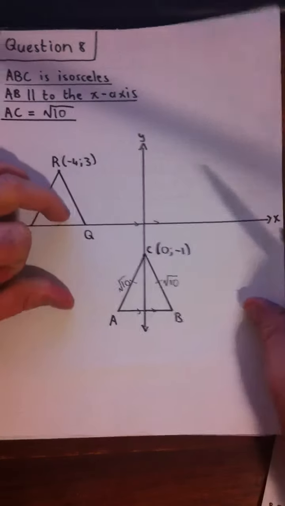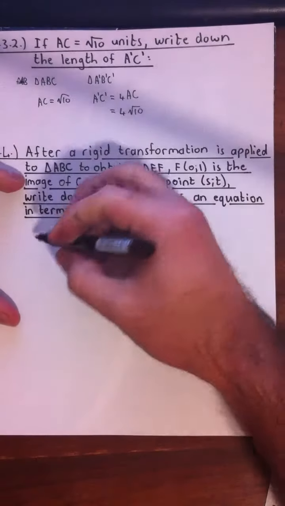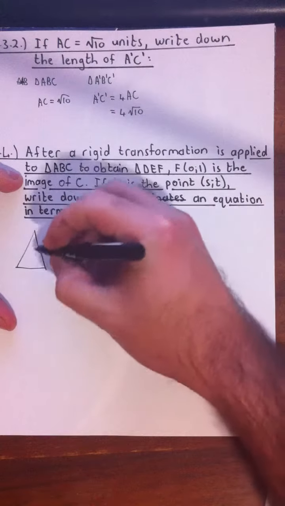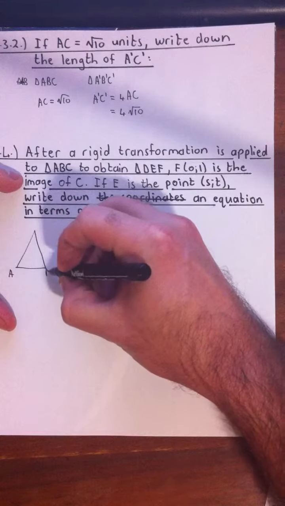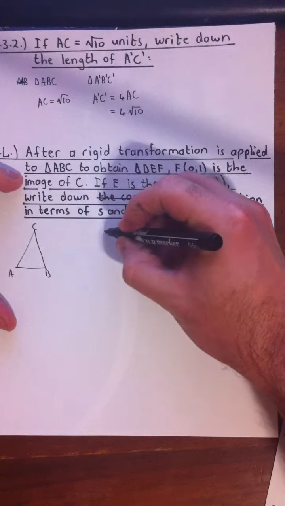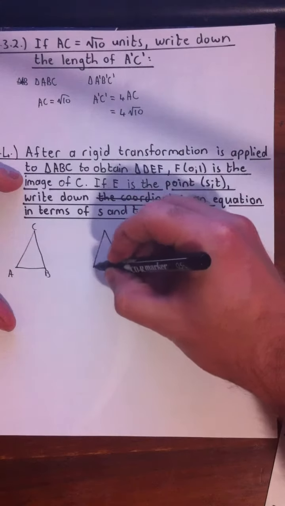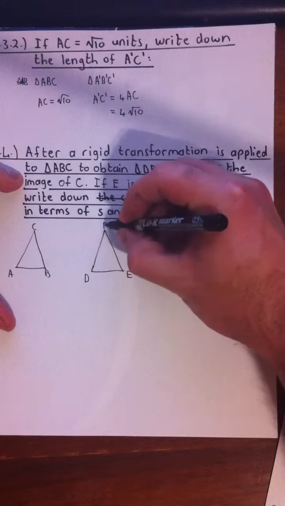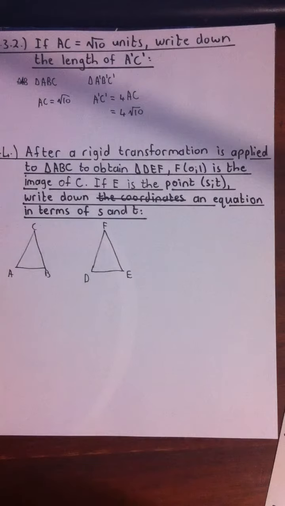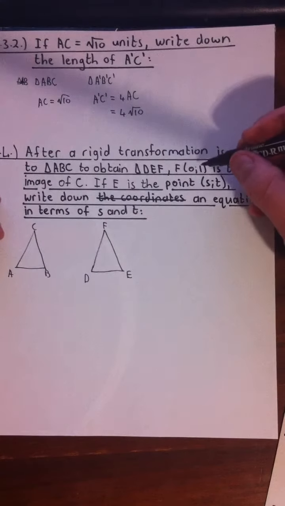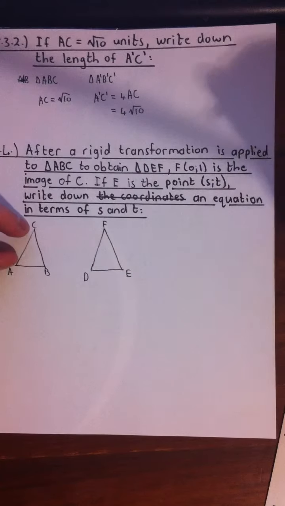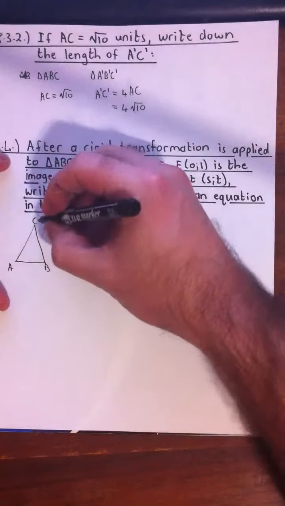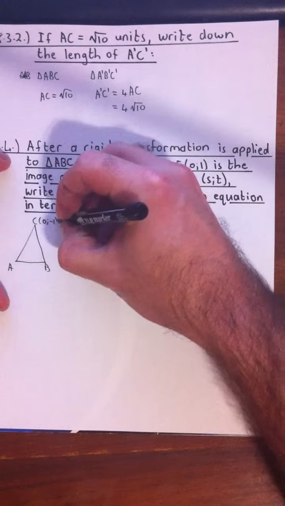So somewhere we've got a triangle DEF. So if we had our original triangle, let's call it A, B, and C, and now we've got a new triangle DEF. Okay, so they say the point F is the image of C, and C was 0 and -1.